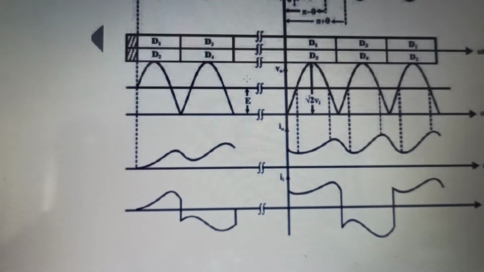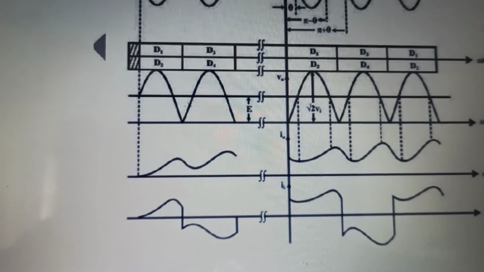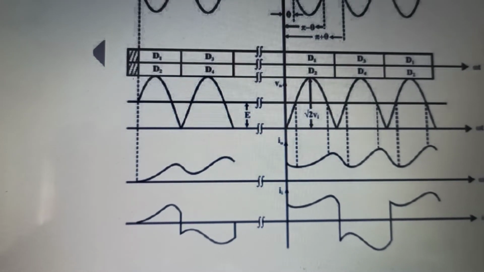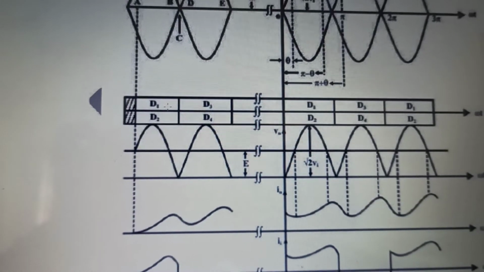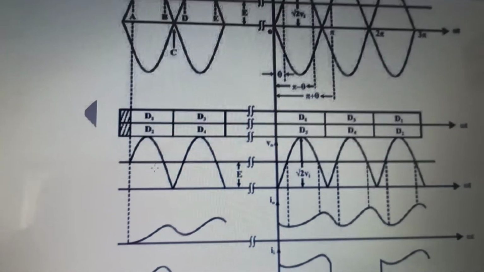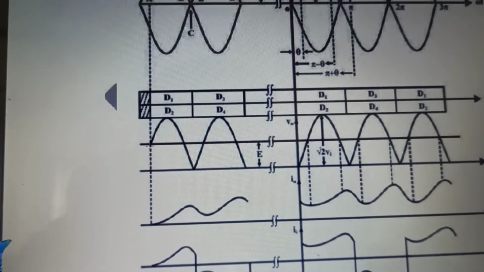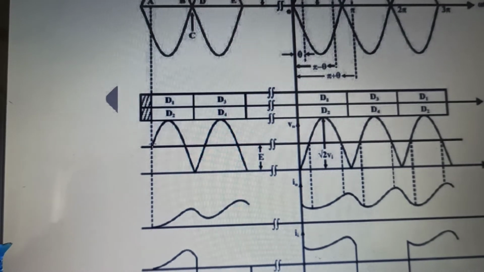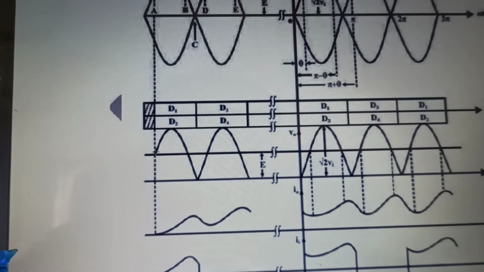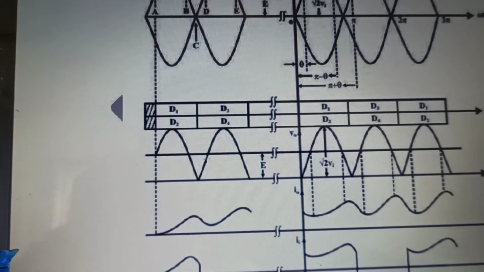Till this E is greater than this part, that's why the waveform is very important. It's a very interactive waveform. Till this E is greater than the wave, obviously the devices cannot conduct. That's why I have used it in this graph.